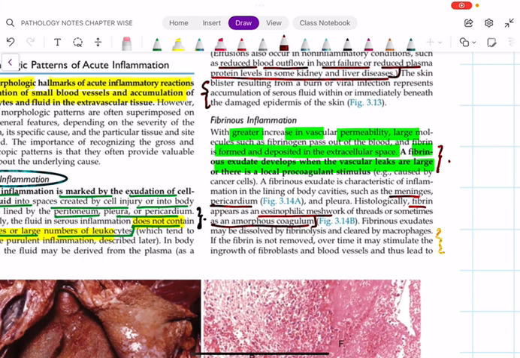As a result of vascular permeability, the fibrinogen present will come out and it is deposited in the extracellular space. And this undergoes further polymerization and deposition to form what we call fibrinous inflammation. Mainly seen in meninges, pericardium.